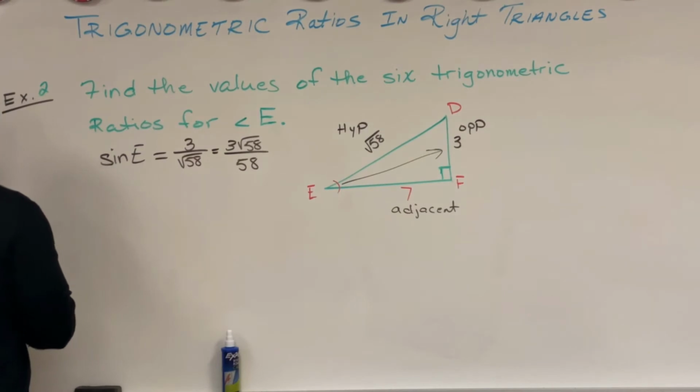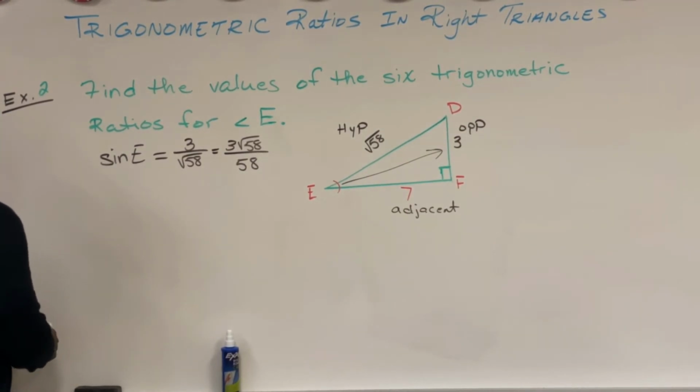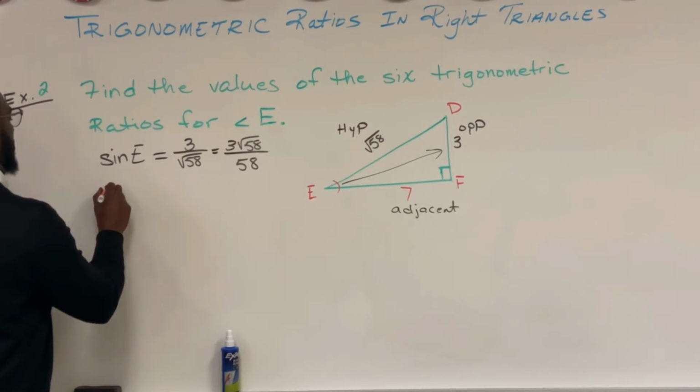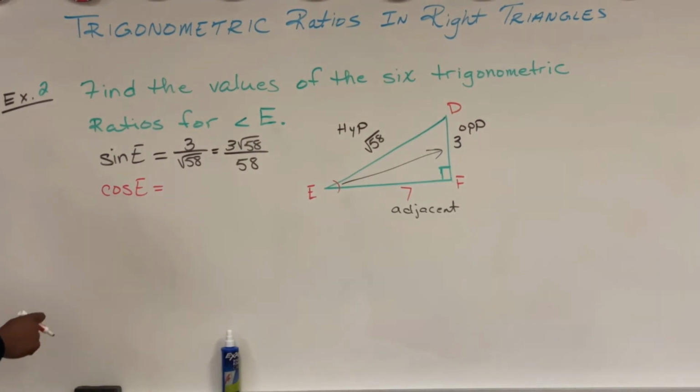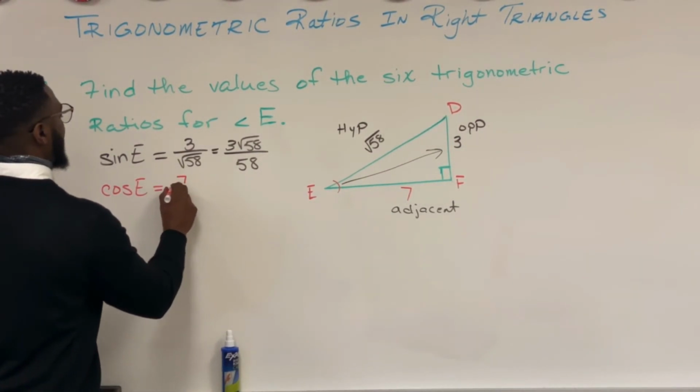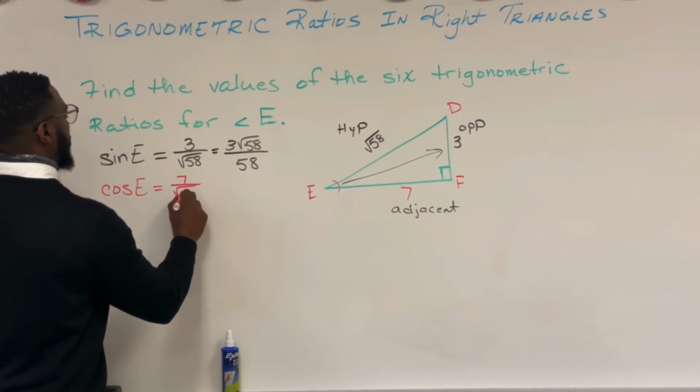Cosine. Adjacent over hypotenuse. 7 over the square root of 58.